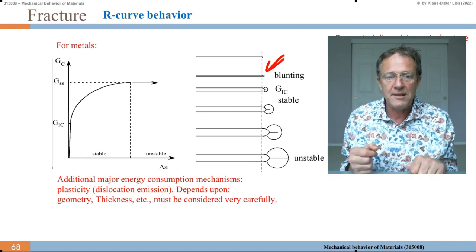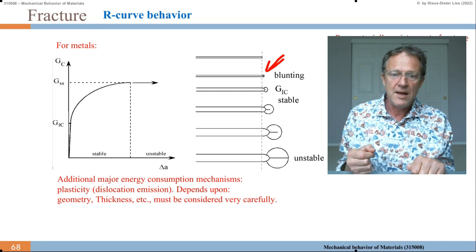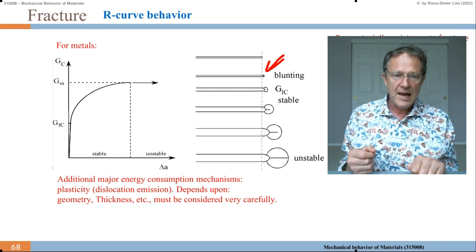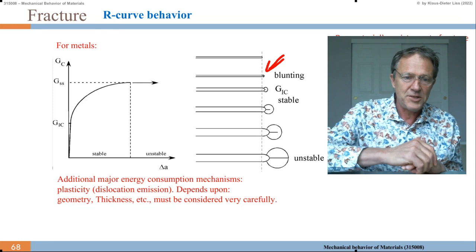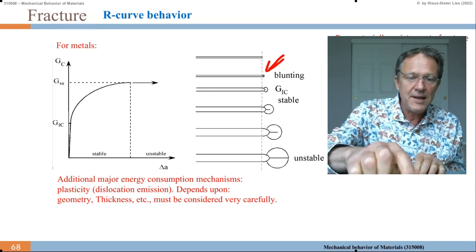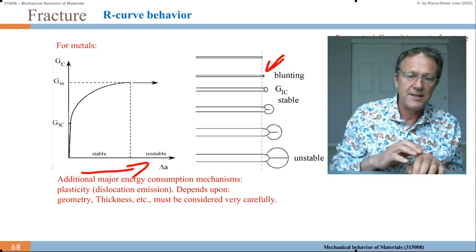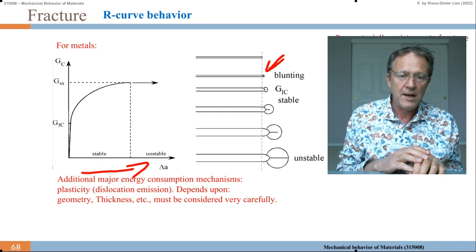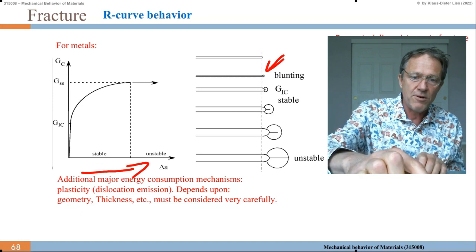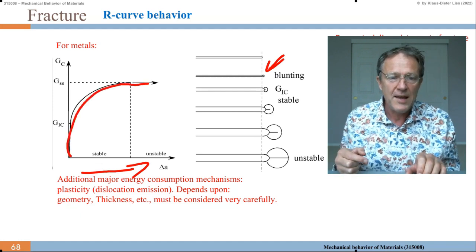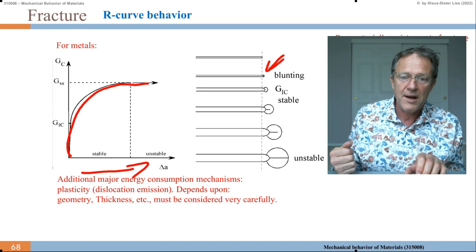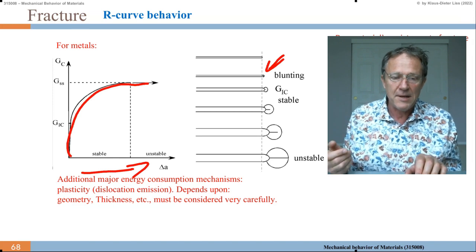In metals, it may be the other way around, so we get plastic deformation, and therefore the G can increase as a function of delta A. And only when it becomes then horizontal, when this curve becomes horizontal, then we have the crack propagation like in the brittle material.